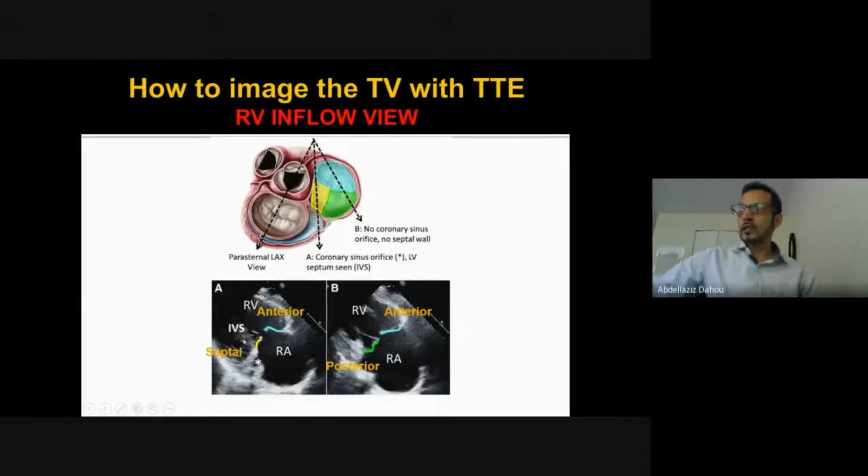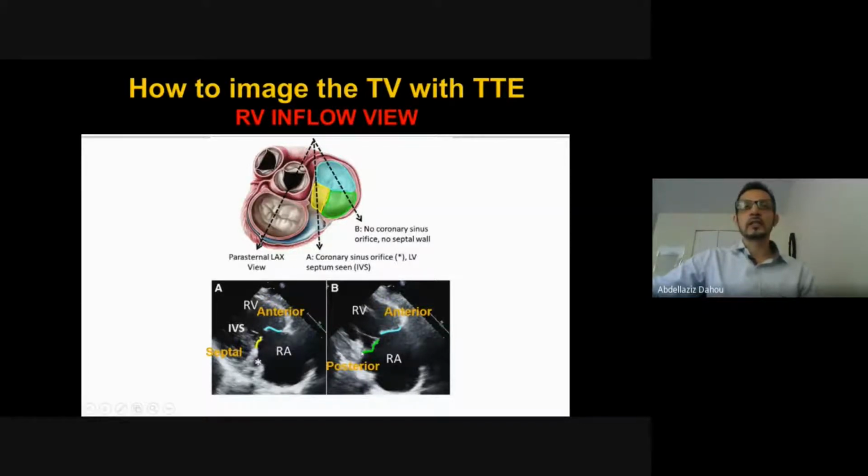And you see here the anterior ventricular septum and a small part of the left ventricle. So this is the septal leaflet. On the right side, if you don't see the coronary sinus and no left ventricle, that means you are looking at both anterior and posterior walls of the right ventricle and the anterior and posterior leaflets.